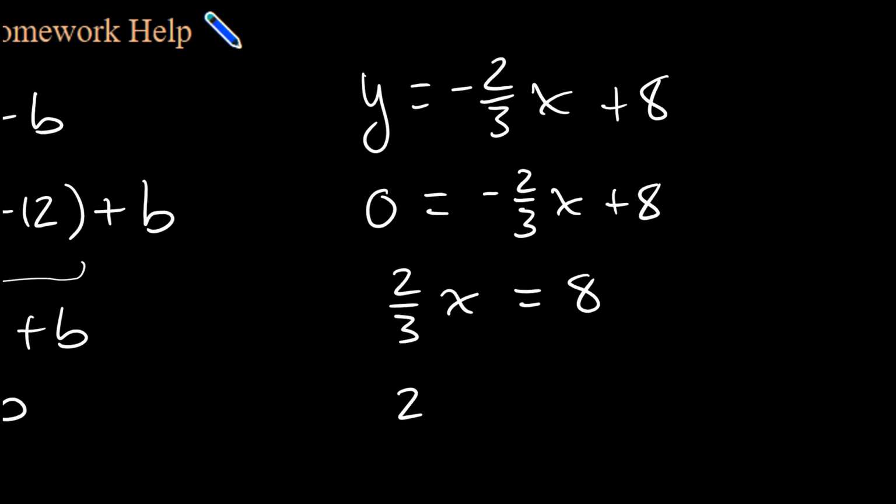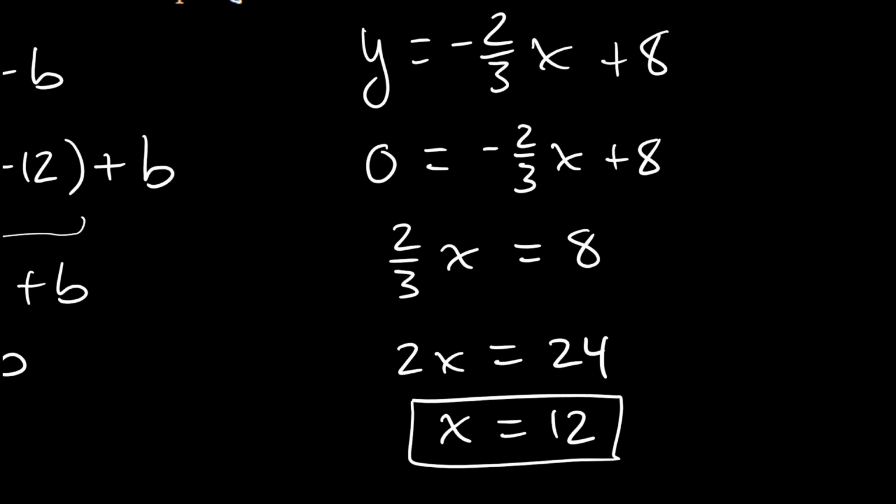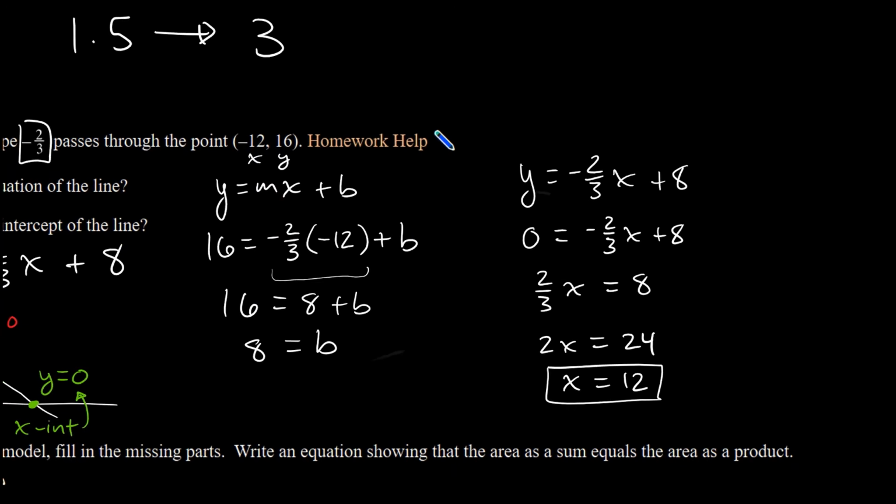So this is going to become 2x equals 3 times 8, which is 24, right? And divide both sides by 2. x is the number 12. So x is 12. The x-intercept happens when x is 12. And of course, y is 0.